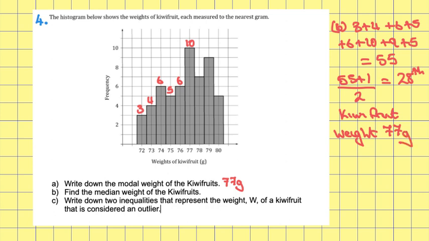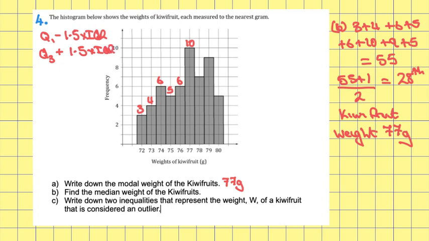Write down two inequalities that represent the weight, W, of a kiwi fruit that is considered an outlier. Well, we have two formulas for the outliers, and they are, the lower outlier is Q1 minus 1.5 times IQR, and the upper one is Q3 plus 1.5 times the IQR.